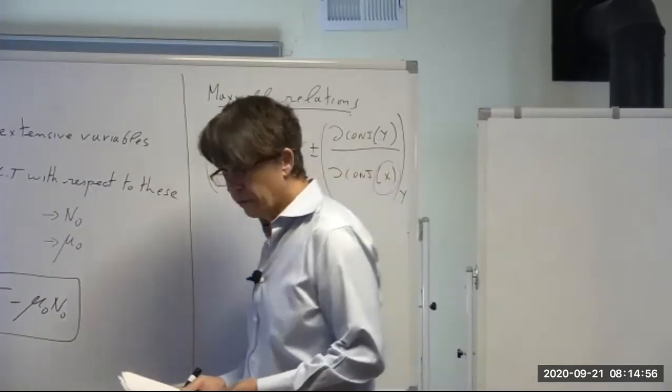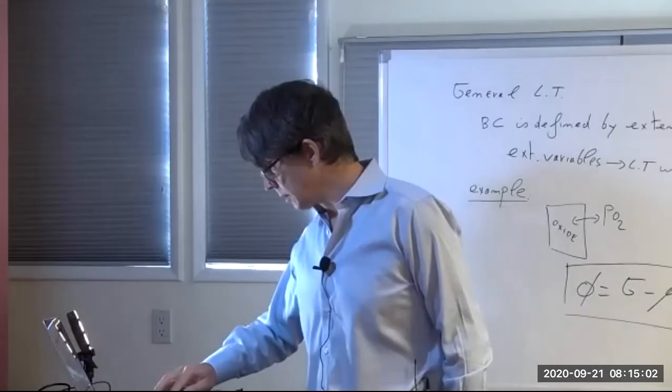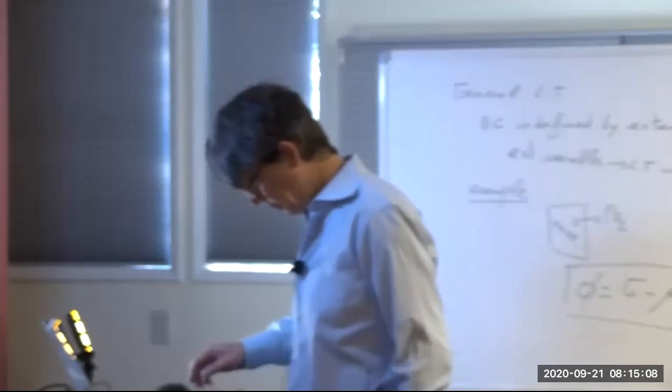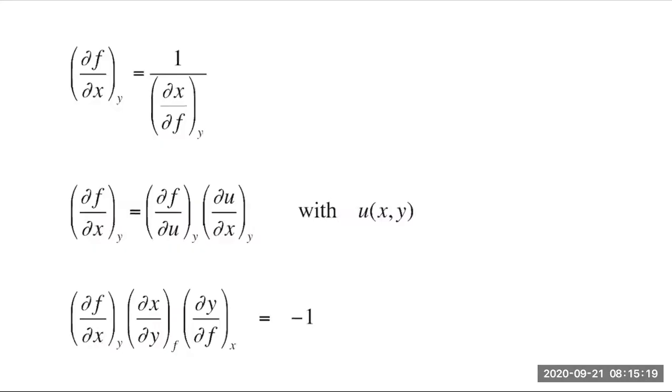I want to go through a few other relations. Just to go faster, I've put them on the lecture notes. Let me just share that with you. Okay, so a few other handy relations that we'd like to use is something that mathematicians don't often like you to do, but if you have a partial derivative, df/dx, that's of course equal to 1 over dx/df, right?